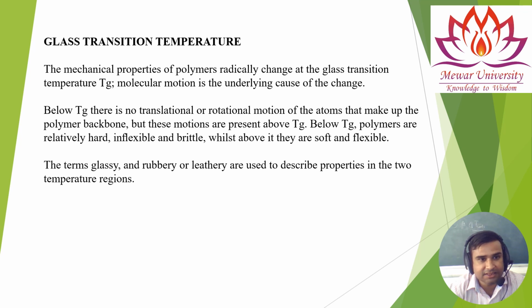Below the transition temperature there is no translational or rotational motion of the atoms in the polymer backbone, but these motions are present above the transition temperature. So below it, polymers are relatively hard, inflexible and brittle, whilst above it they are soft and flexible.